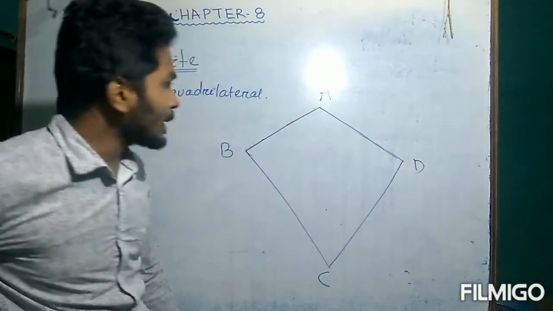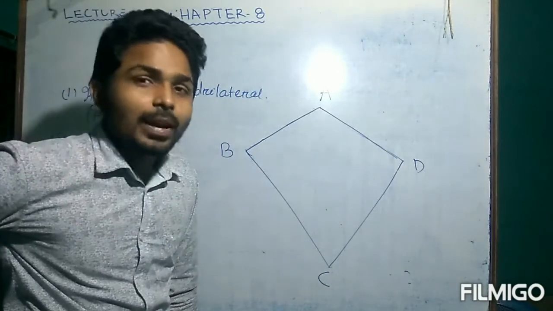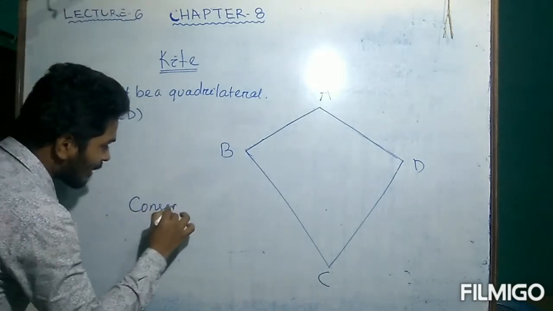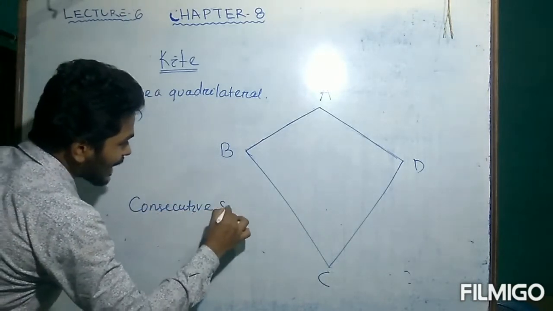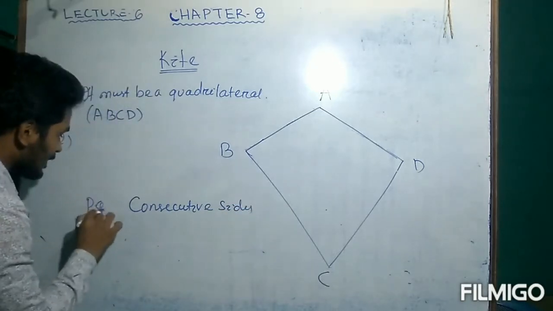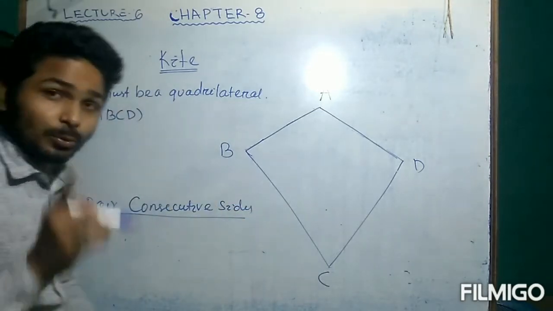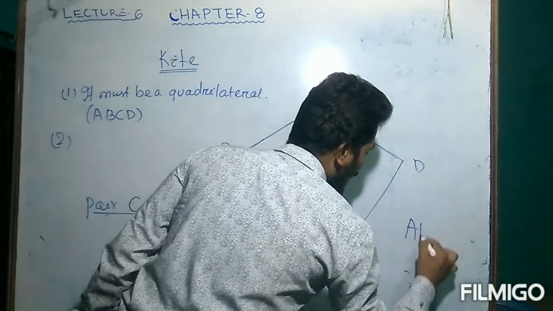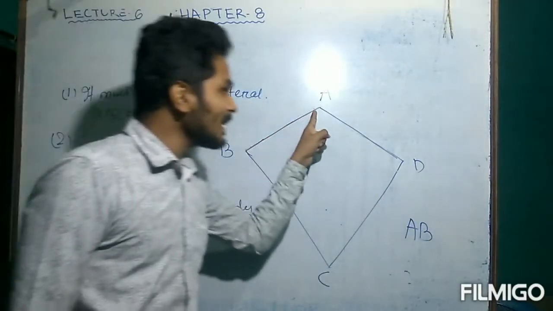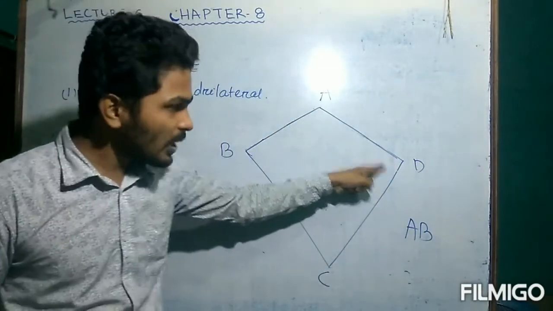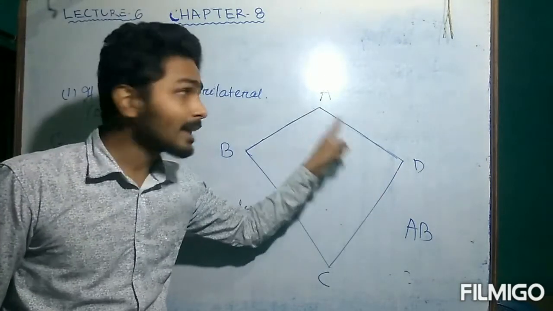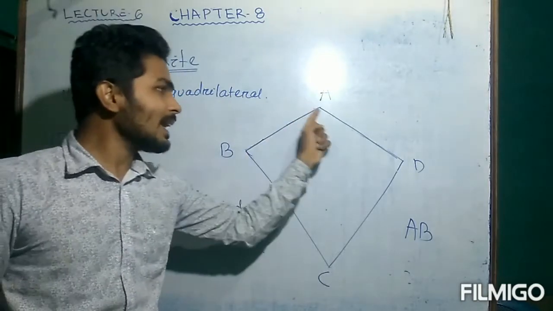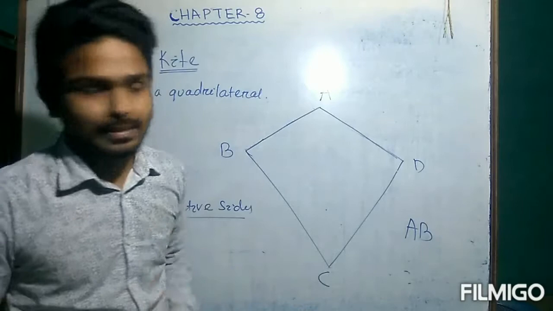Coming to the second property. The second property tells you that the pairs of consecutive sides are equal. You know the meaning of consecutive sides? If we consider the side AB, then AD is its consecutive side, because they have a common vertex A. So AB and AD are two consecutive sides.